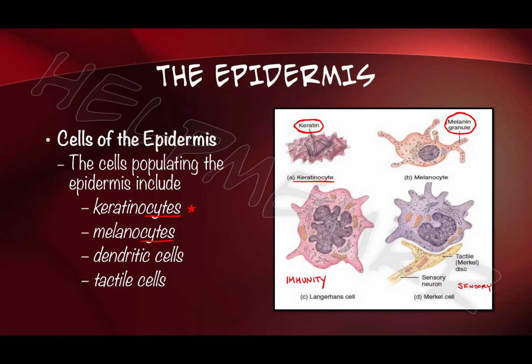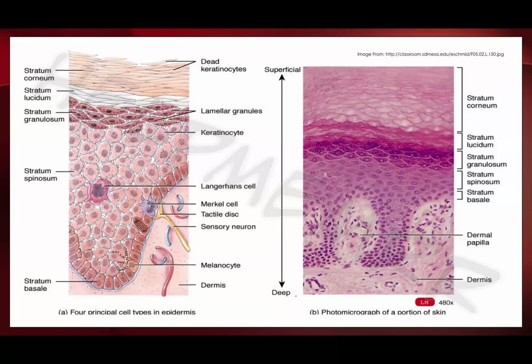So just as I always do, I'm going to go over every single one of these cells. In our epidermis, we are going to have layers. So let's go over the layers first and then talk about the different types of cells that we're going to see throughout these layers. So Langerhans cells, see that guy right here?